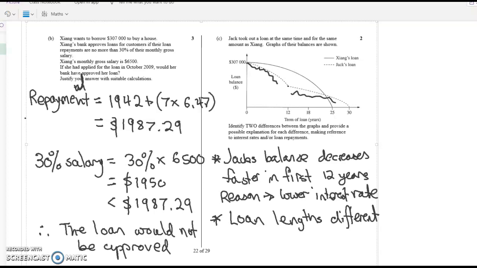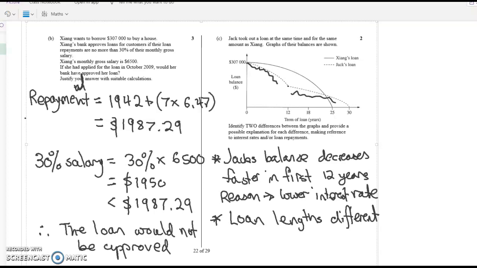You can see there that Jack's loan is 30 years and Zhang's is 25, and so potential changes in the interest rate for Jack could be a reason why it was longer.